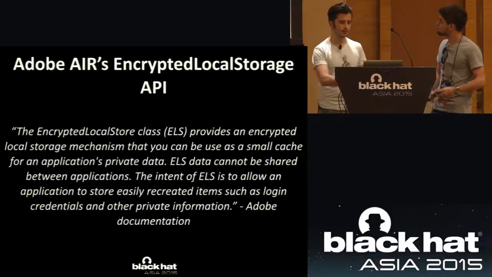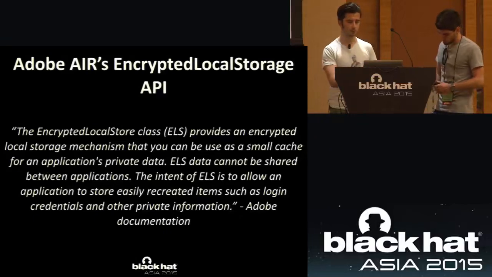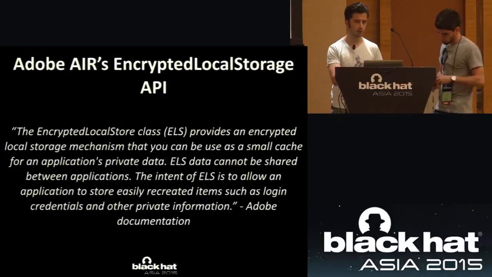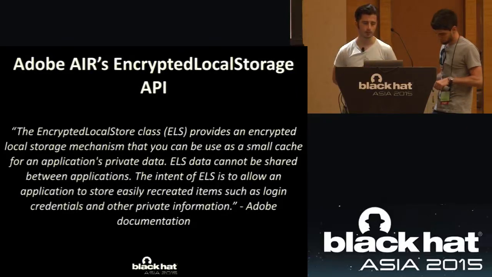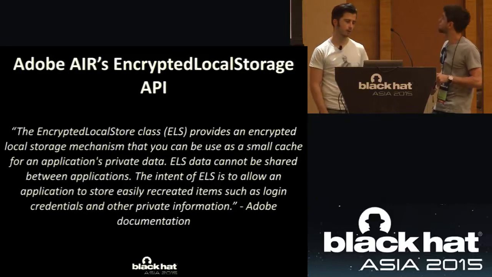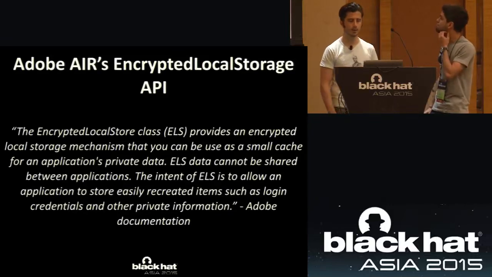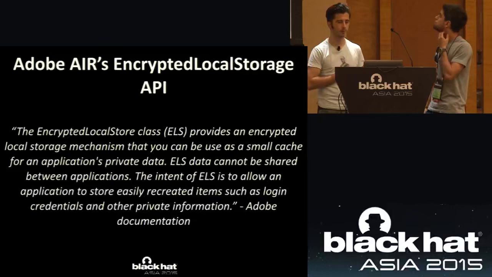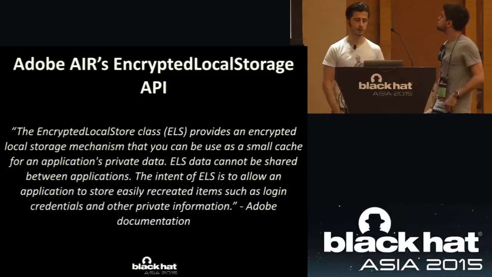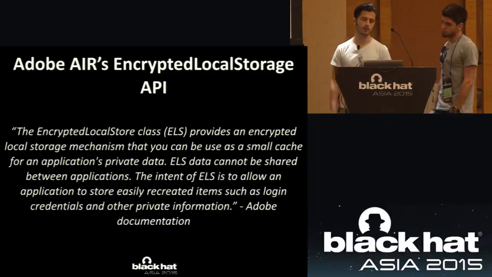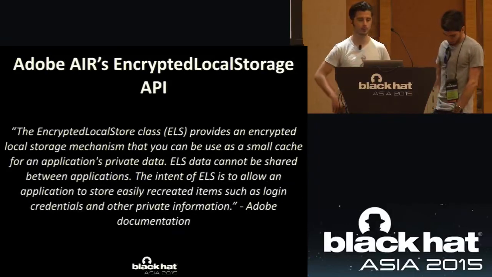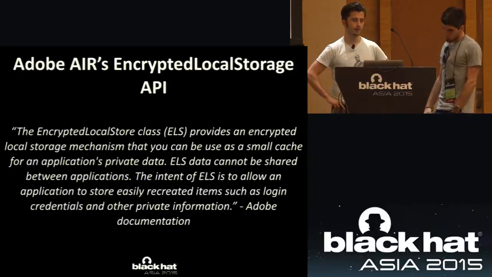Okay, now we would like to show you some new vulnerabilities that we found in the framework that we didn't disclose before. And the first one is a quirk in the implementation of the APIs inside of Adobe AIR on Android. So let's take a look at the documentation of Adobe AIR, in particular the EncryptedLocalStore API.